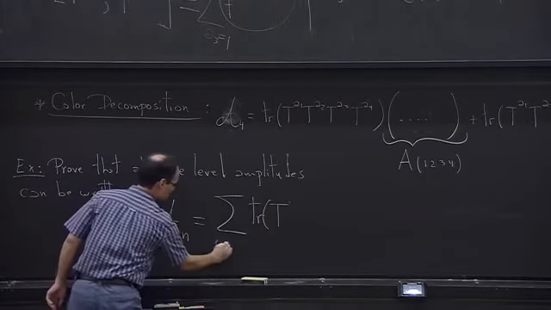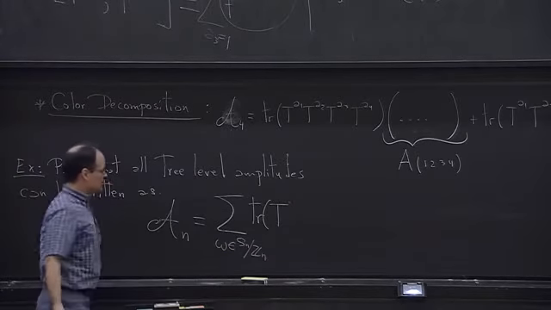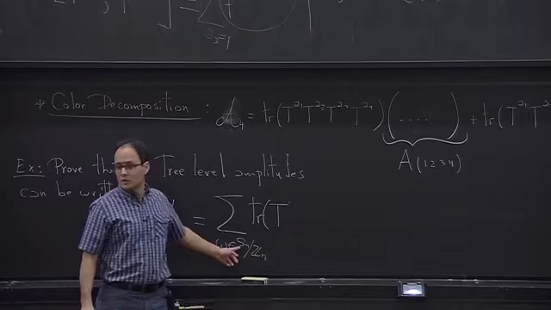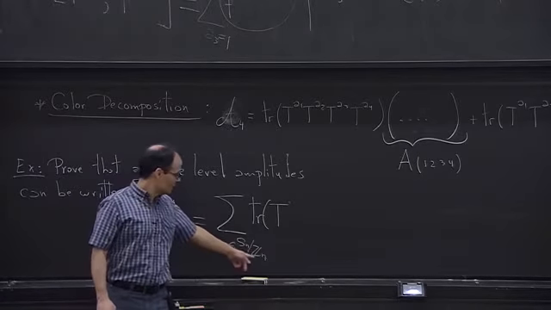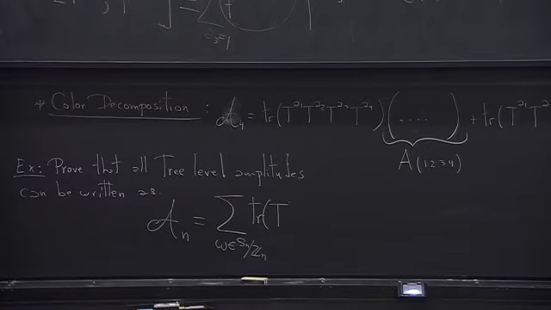So you choose a permutation. S_n is the group of permutations of n elements. Z_n is the group of cyclic transformations.